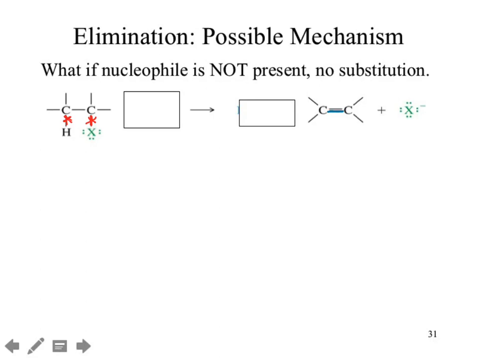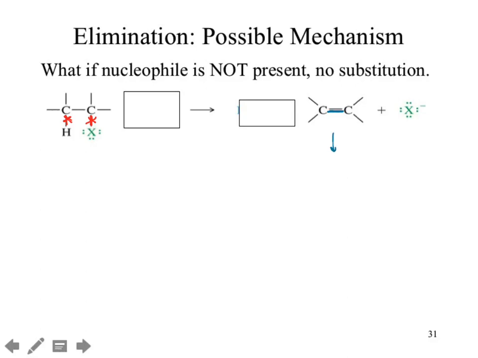I'm going to make the argument we only have two things. What are those only two things? Two sigma bonds breaking and a pi bond forming is still three things. You're just combining them as one step. They're not steps. There's still three things happening.